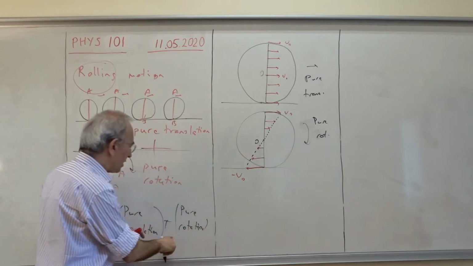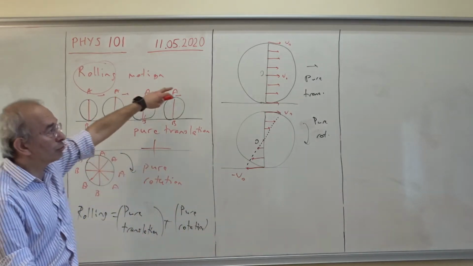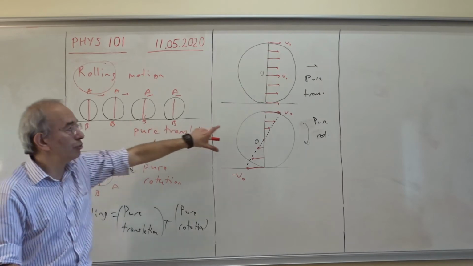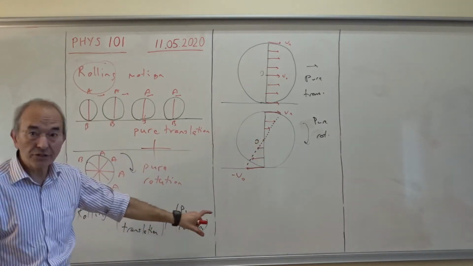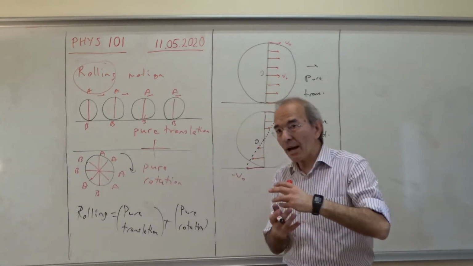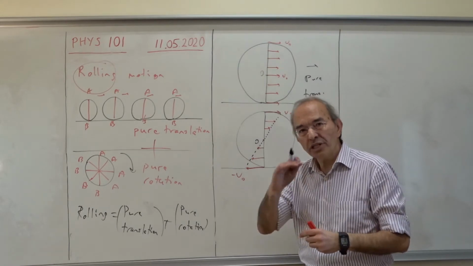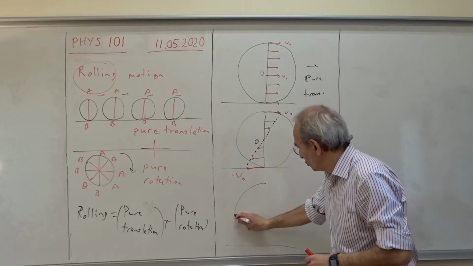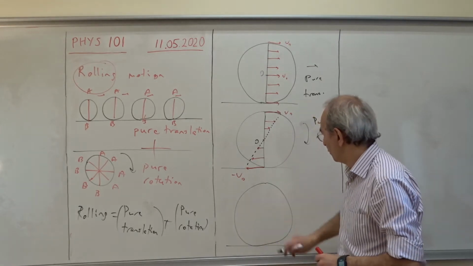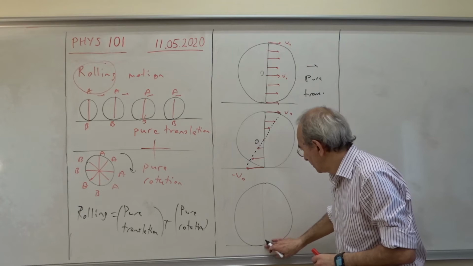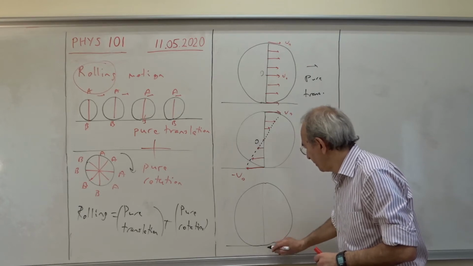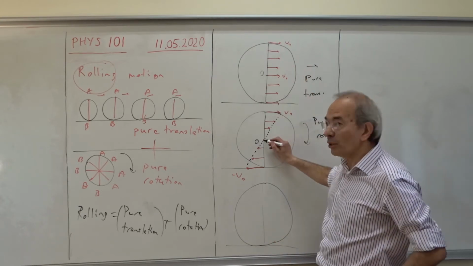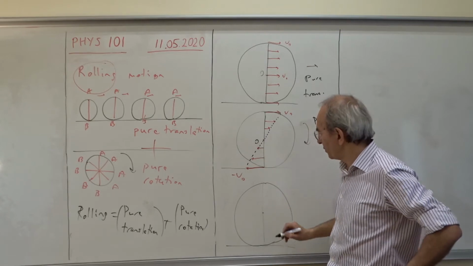In this case of rolling, this corresponds to pure translation, that corresponds to pure rotation. So we add up the velocity vectors for each point. This is the circle wheel, for instance. Let me draw this a bit better. Alright, now for the central point, let's start with the center.